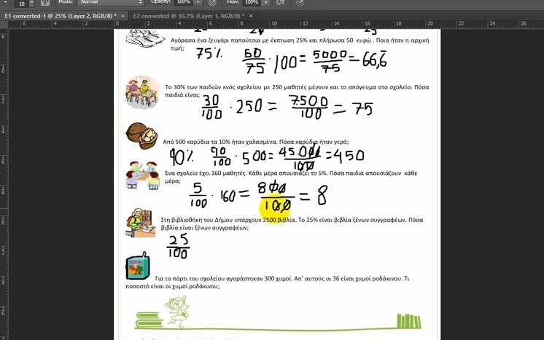I'm using this same method again because I know the percentage, I know the total, and I want to find the part. So we do the percentage over 100 times the total. Okay, now we have to do 25 times 25.